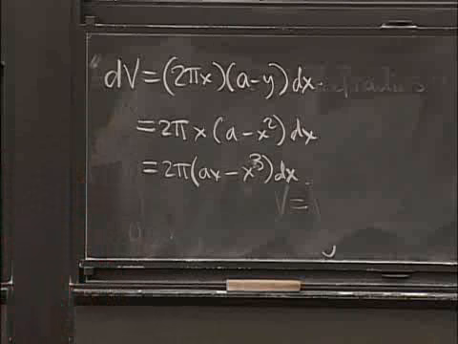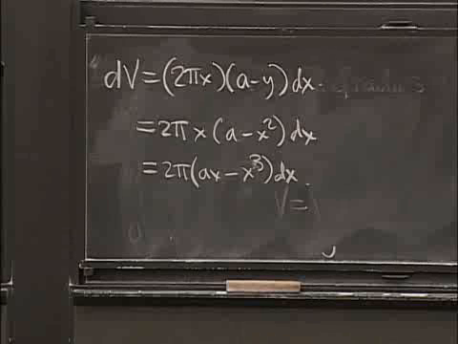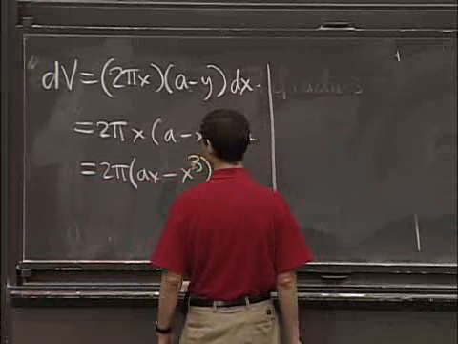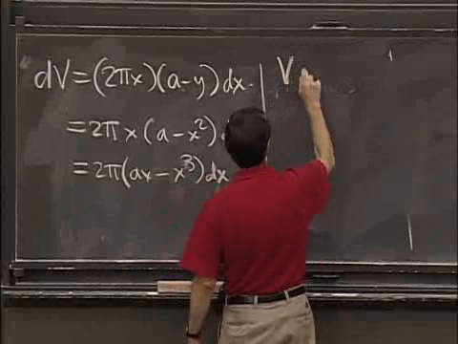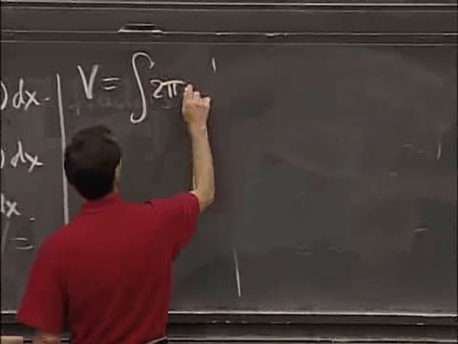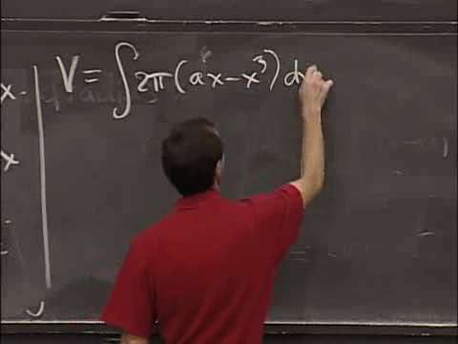Better not get that wrong. And now the last little bit here that I had better be careful about in order to figure out what the total volume is: the limits. So the volume is going to be the integral of this quantity, 2 pi times ax minus x cubed dx.